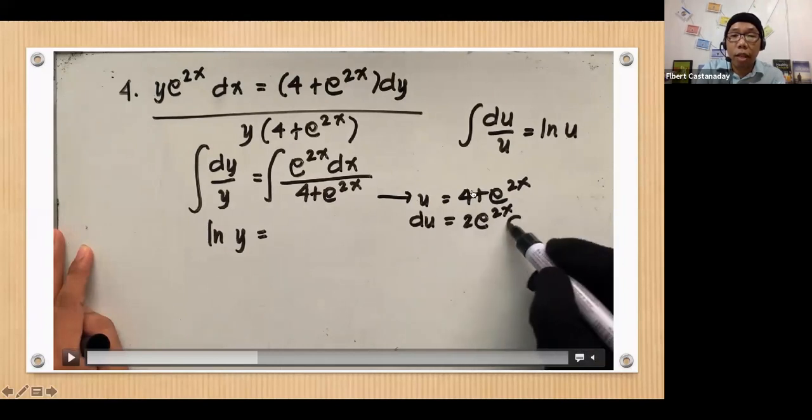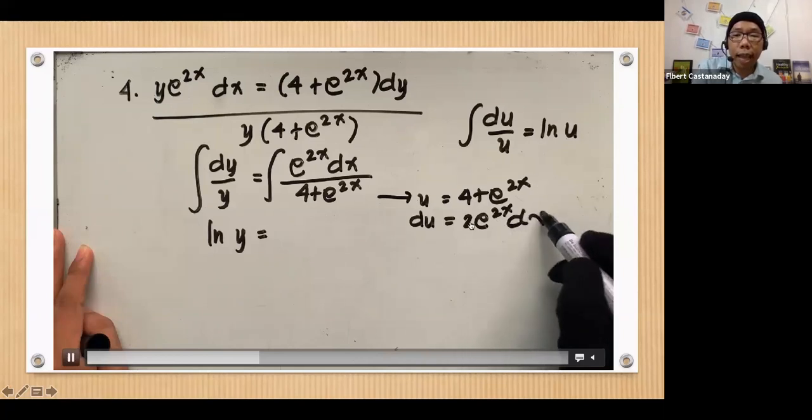Now what I did here is differentiate u, this becomes du, and differentiate 4 plus e raised to 2x: differentiating a constant gives 0. Differentiating e raised to 2x, just copy e raised to 2x, and differentiate 2x, that is 2 dx.